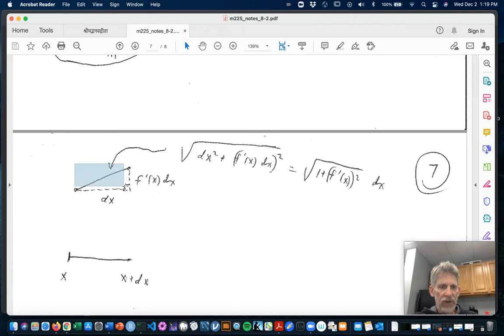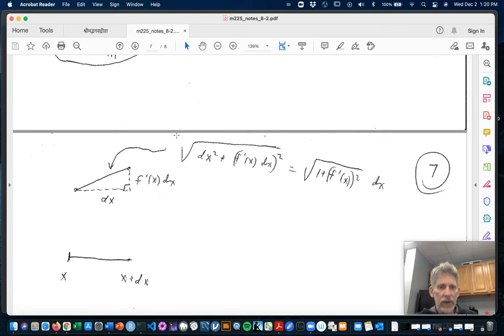So what we have is our right triangle, very much as back in the arc length situation, a little right triangle where the hypotenuse is the straight line that's approximating the actual curve between the two points. The base is a dx, and just like with the arc length, the height is going to have to be f prime of x times dx in order to get the slope right.